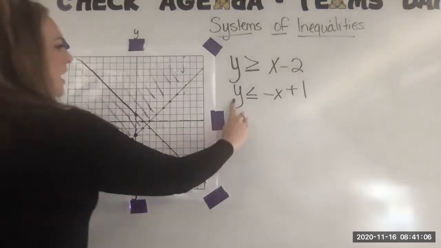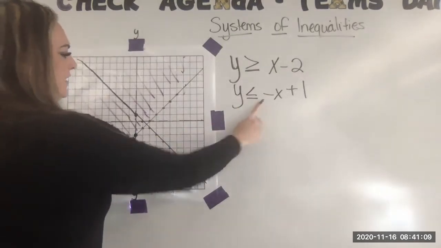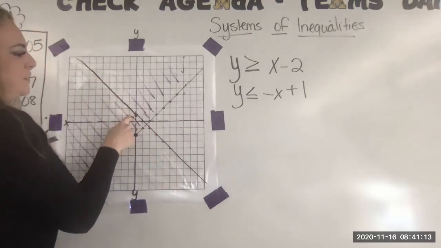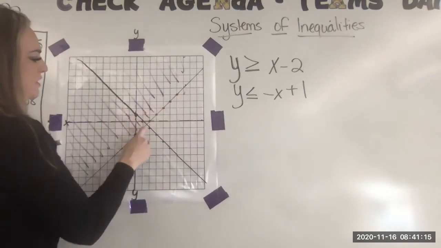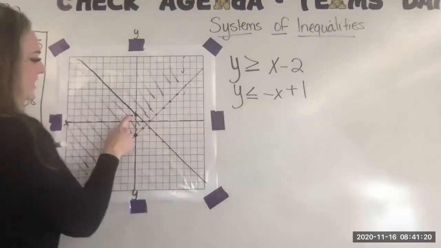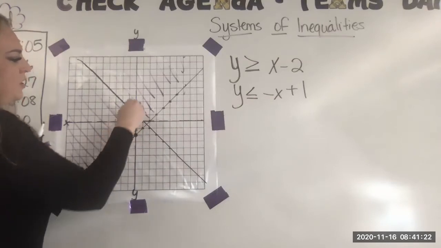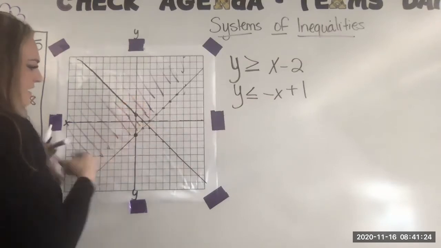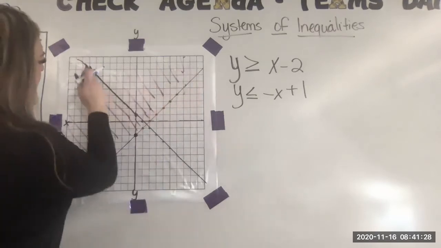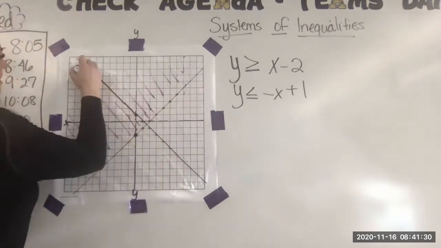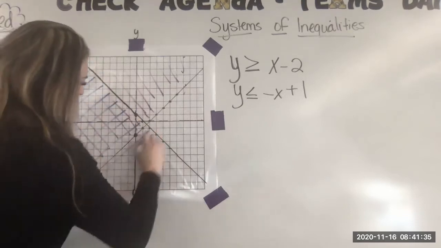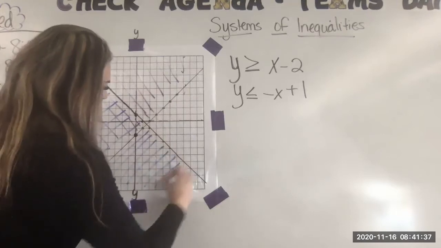This is y is less than this line. Okay, so here was our line, had a y-intercept of 1 and a -1 slope. We want y values that are less than this line. Here's our y-intercept. We want values that are less than, okay? So we follow along this line and we make our shading like this.